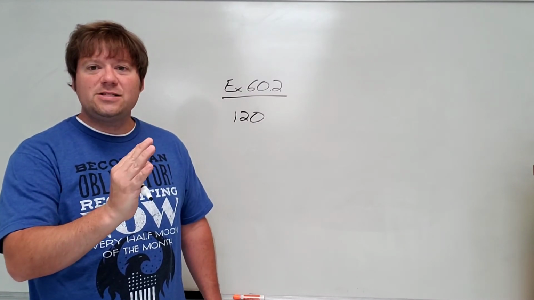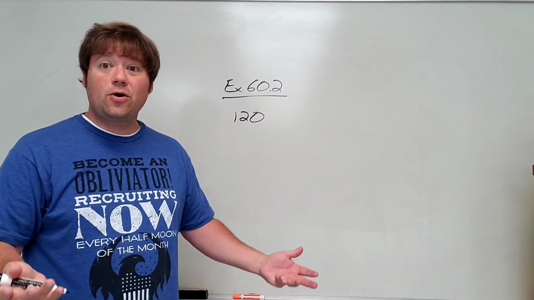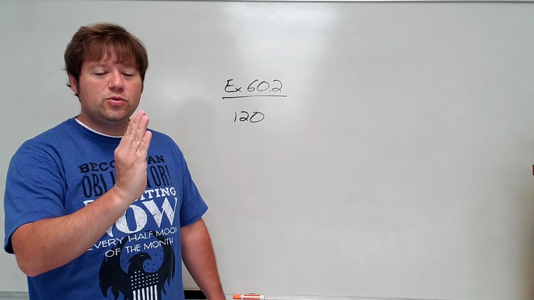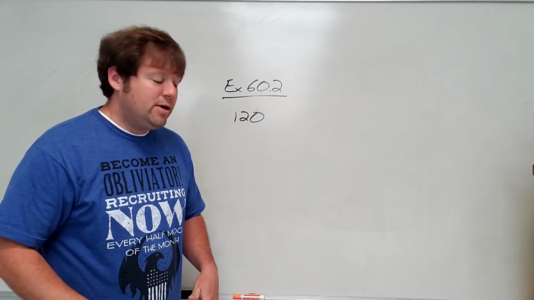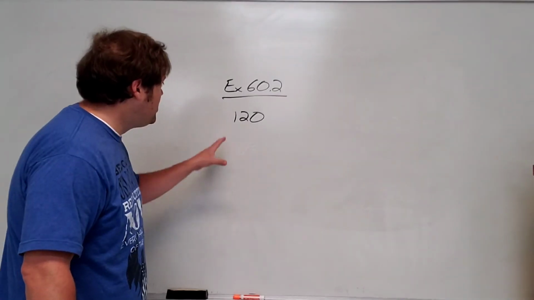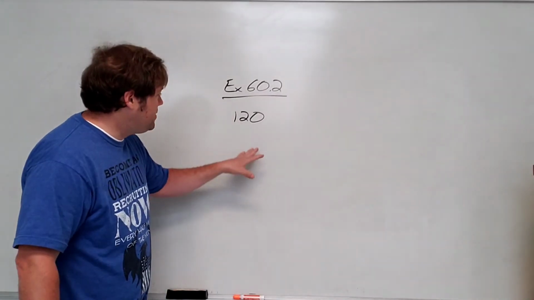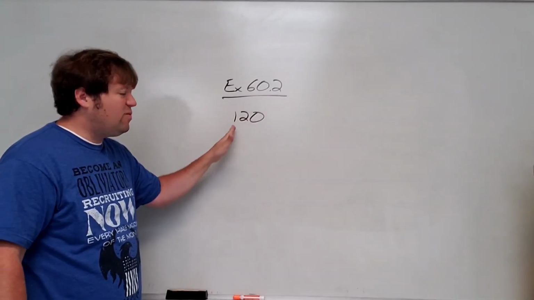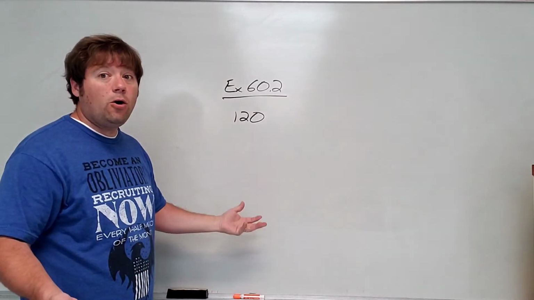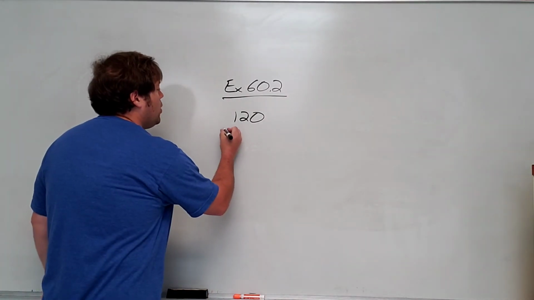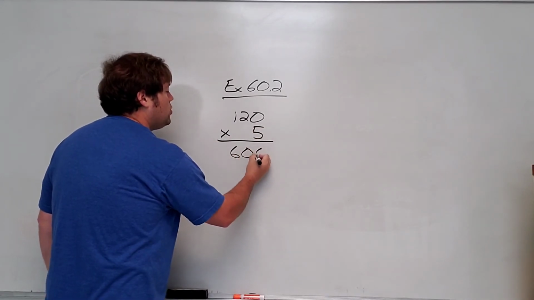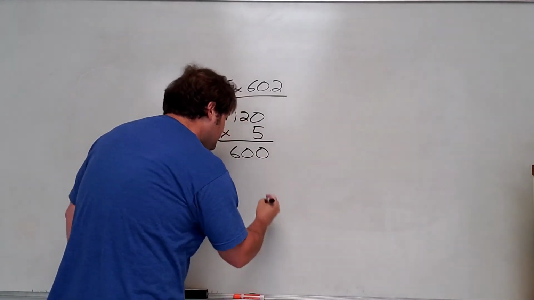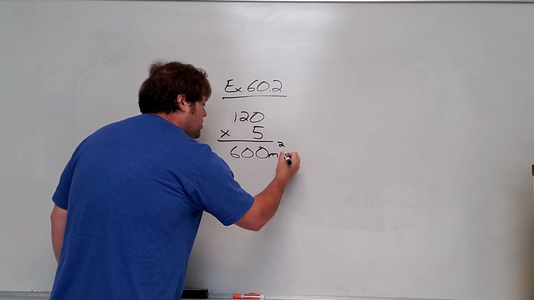And remember, this thing has 5 sides, and they're all equal. So if we've got 120 on one, we've got 120 on all 5 of them. So if we want to know the total lateral surface area, we just take the area of one side, and since all 5 of them are the same, we multiply it by 5, and we get a total lateral surface area of 600 square meters.